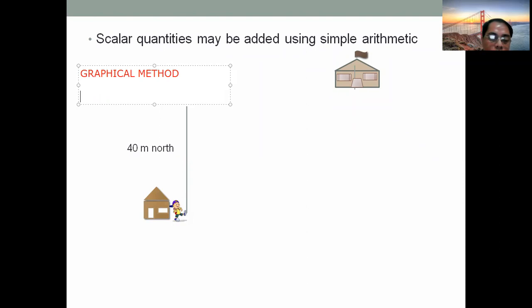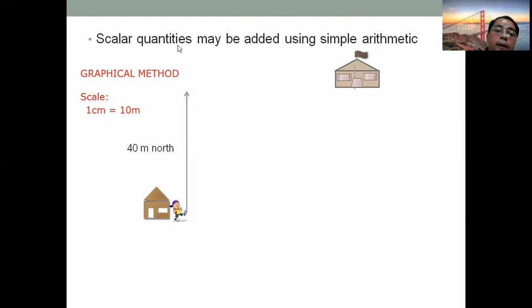We will correctly draw what this student does by using a scale. In our scale method, we need to use a unit of measure there. 1 centimeter, for example, is equal to 10 meters of length.